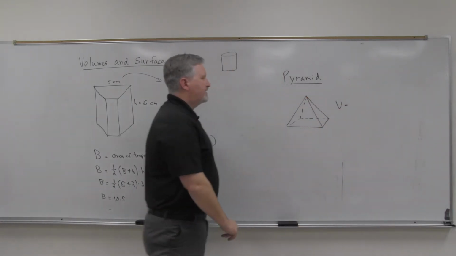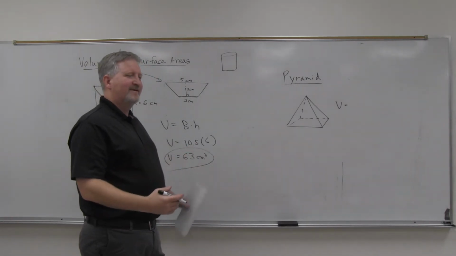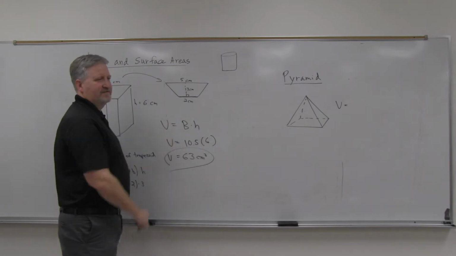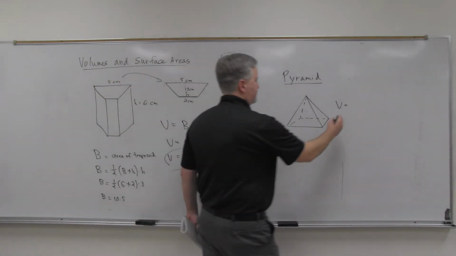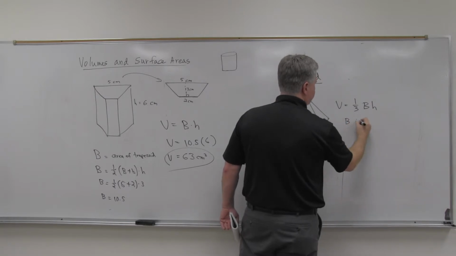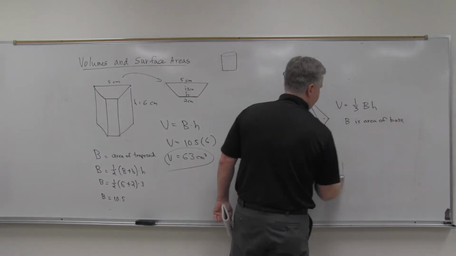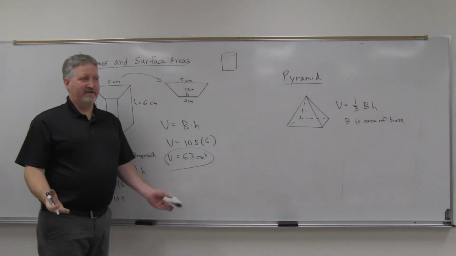Well, it turns out the volume of a pyramid, kind of like the cone, you got your prism is big B times h, well the pyramid is 1/3 big B times h, where big B is the area of the base. But the big B formula could change.